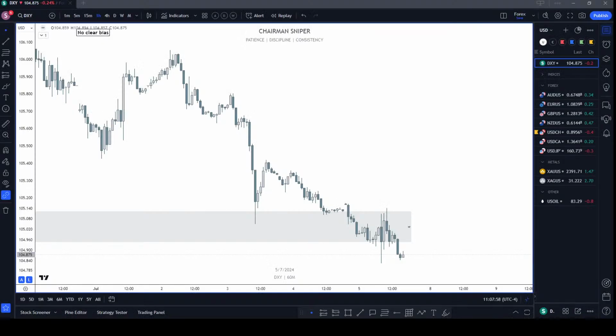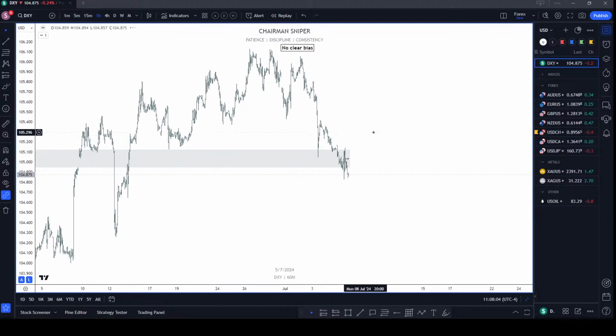Make sure everything is working. Let me know if you guys can see my screen because for some reason I'm unable to see what I'm sharing. Alright, I can see it now. Okay, should be good now.